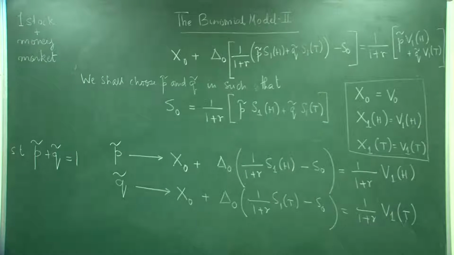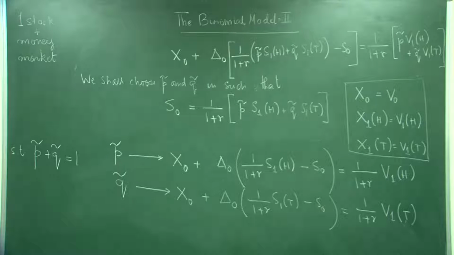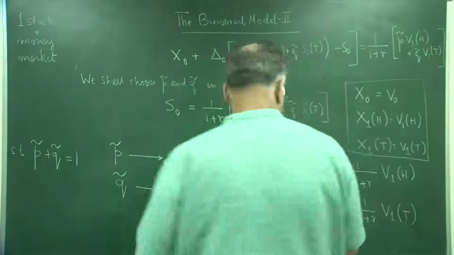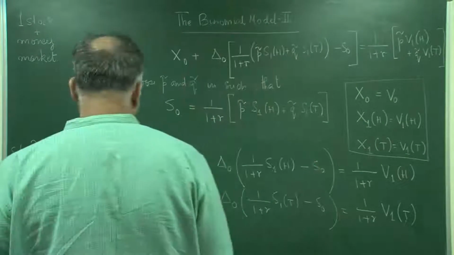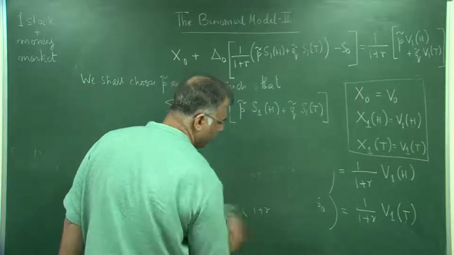We will discuss more about the nature of p tilde and q tilde, and they will soon have a name. So, this would immediately show the following from the above equation.